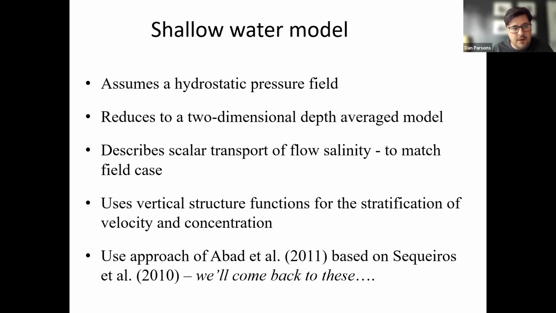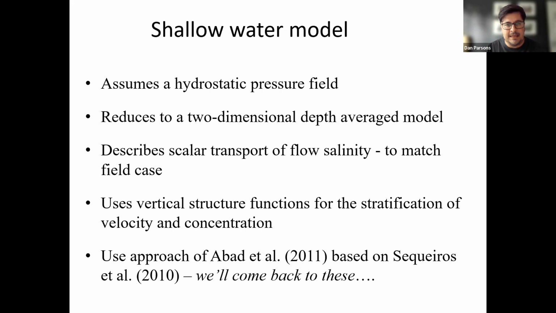The model itself assumes a hydrostatic pressure field, and it runs in terms of reducing the problem to a two-dimensional depth average problem. We develop here the model, and I'll demonstrate it for some field work we did in the Black Sea, just to give you an example. But it basically does a source term to create a scalar transport of the salinity.